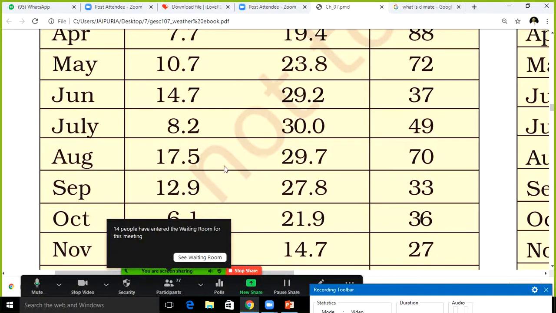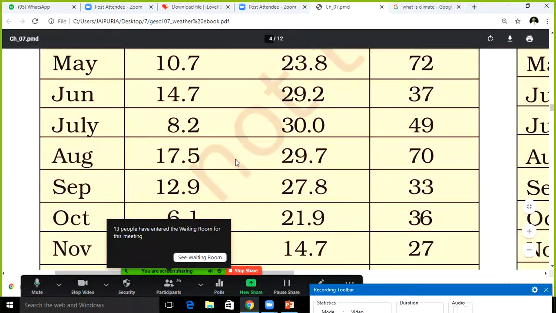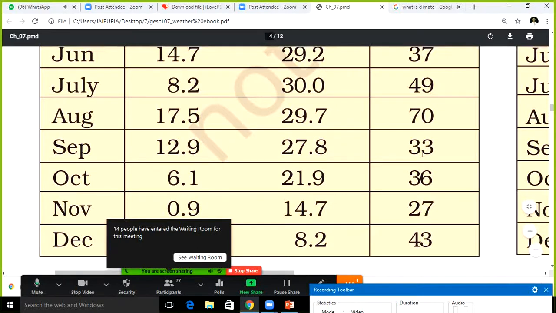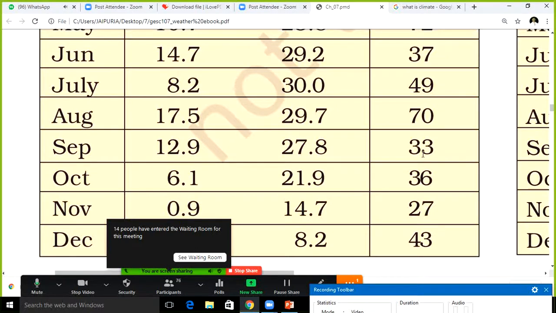July is 8.2 and 30.0, and 49 mm is the rainfall. In August, students, it is 17.5 and 29.7, and 70 mm rainfall. September, the minimum temperature is 12.9, 27.8, and 33 mm rainfall.